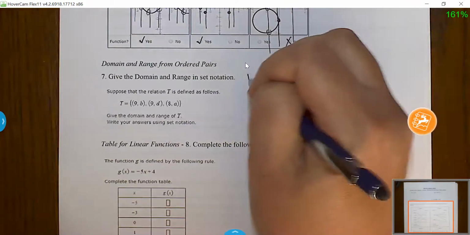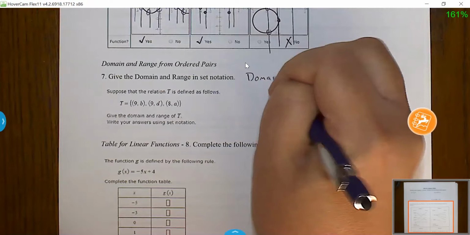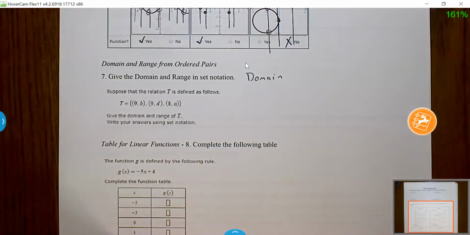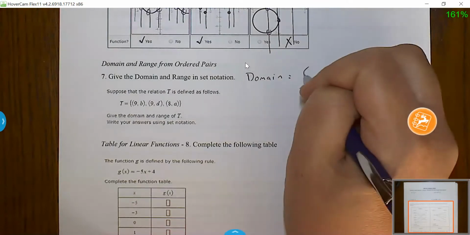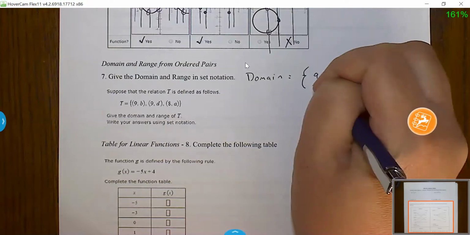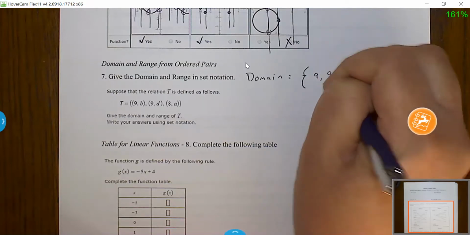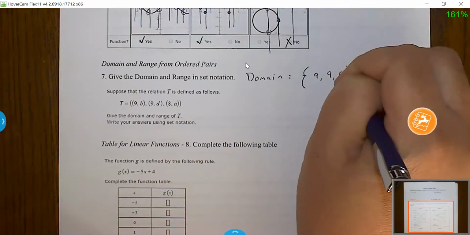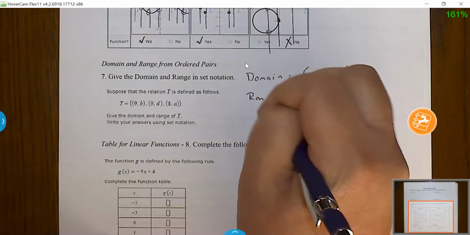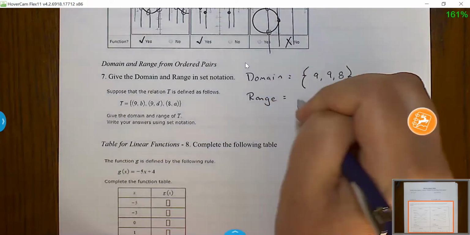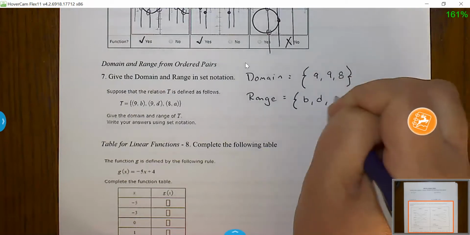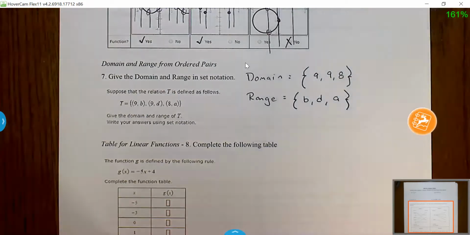So your domain would be, squiggly brackets, you're looking at 9, 9, and 8. And then your range would be B, D, and A.